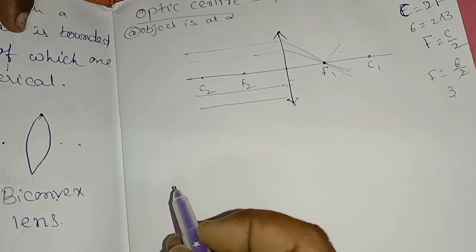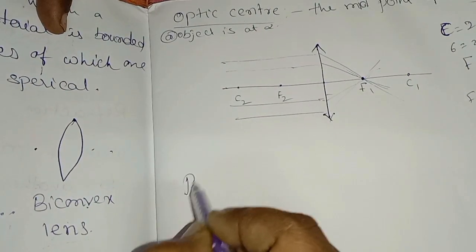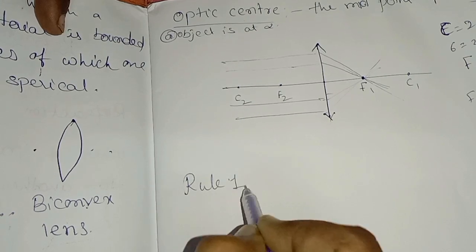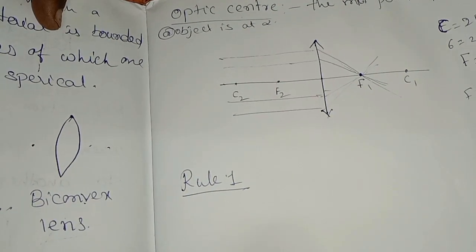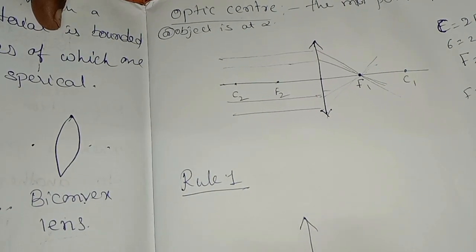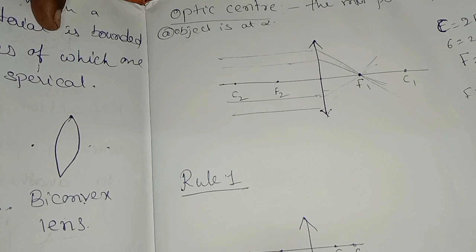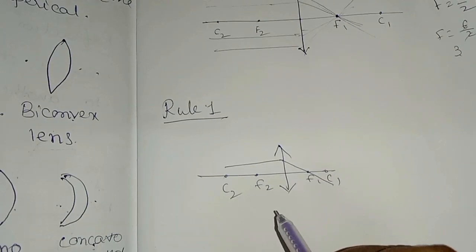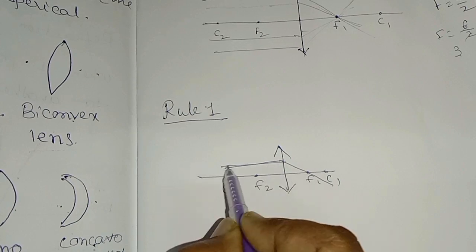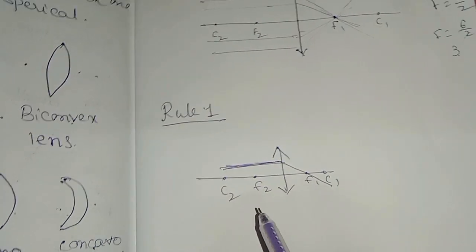So before going to that, we will go through our rules first. What is our rule 1? First rule: any light ray passing parallel to the principal axis refracts through the focus.